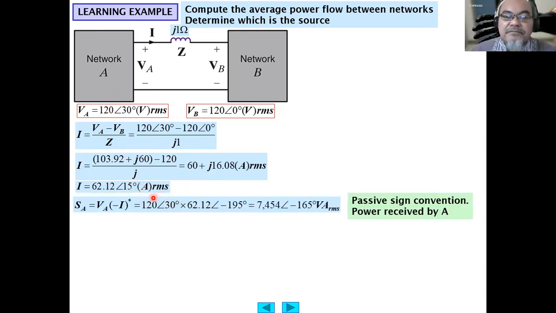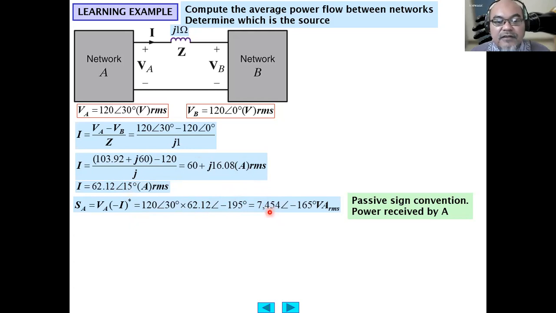Based on the passive sign convention, SA, the complex power at A, equals VA multiplied by the conjugate of the IRMS. That is 120 with phase angle 30 degrees multiplied by 62.12 with phase angle of minus 15 degrees, the conjugate of this.